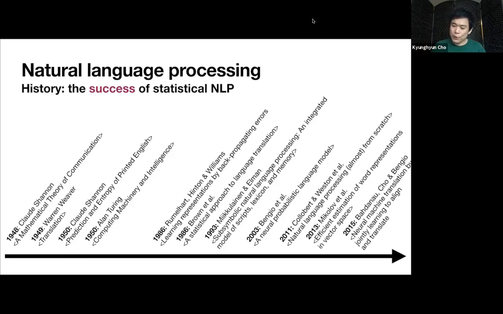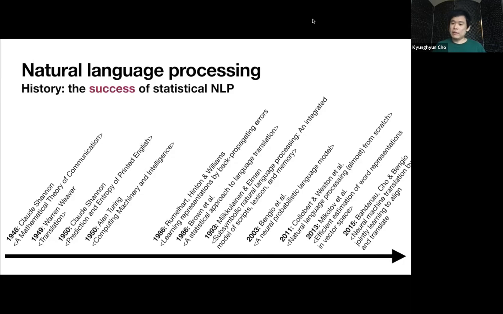And this revival was spearheaded by Collobert and Weston et al., where they very ambitiously titled their paper Natural Language Processing Almost from Scratch. And Tomas Mikolov in 2013 proposed the idea of word2vec, which we looked at in the second part of our lecture.